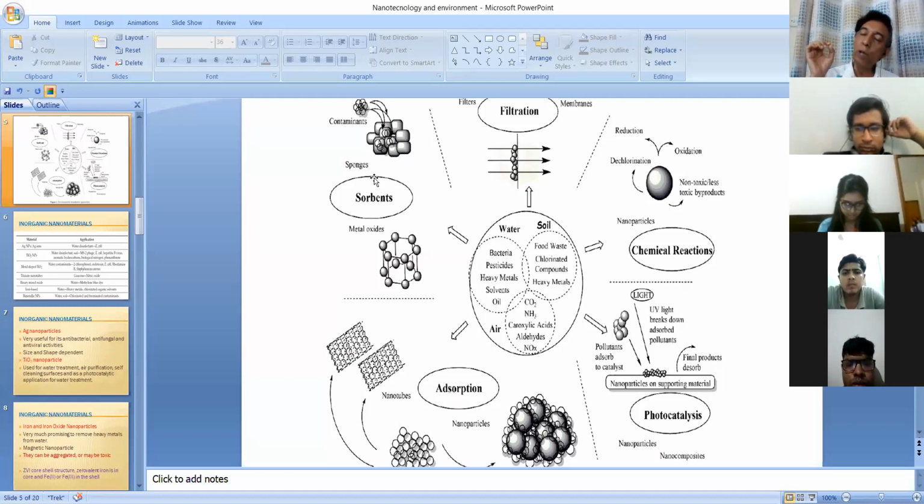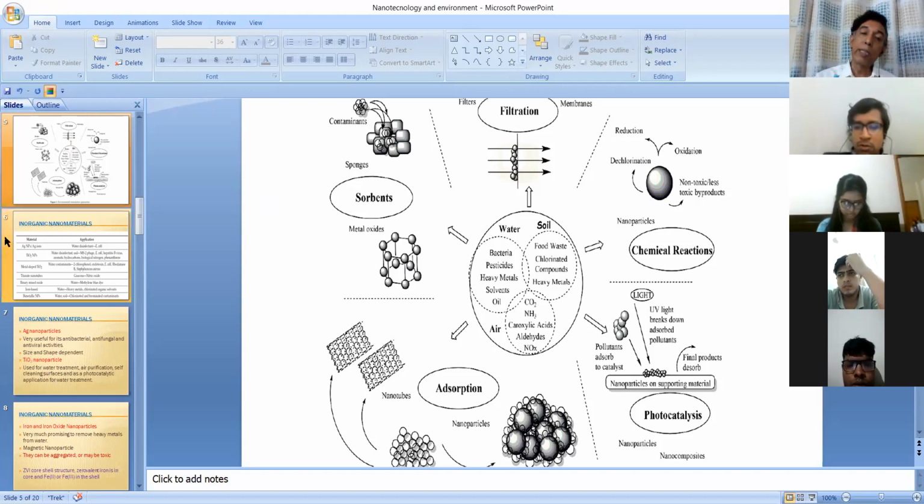Because the cost of nanoparticles is very low, since you require only a small amount of substance. So the ETP cost by itself will come down. But still we don't know whether this nanoparticle will be harmful or not. So it is not used very frequently. It is used in some fields, but not widely used.